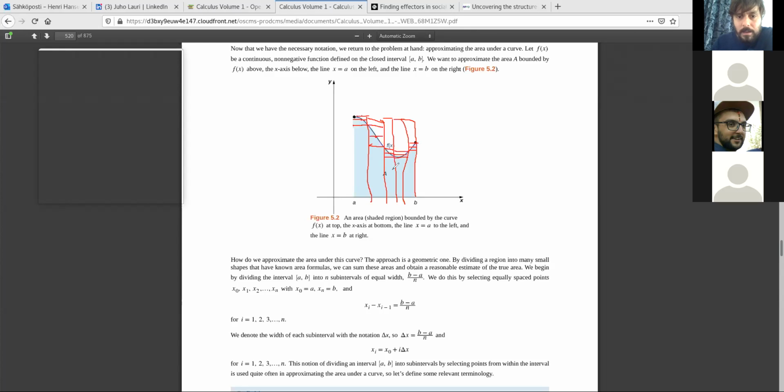As we make these boxes smaller, you see that this error tends to become smaller. That's our idea. I'm going to clear this again.